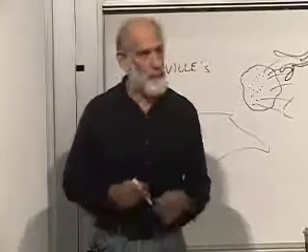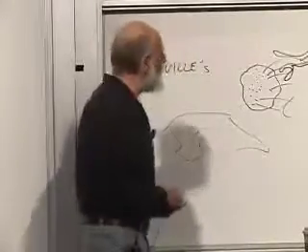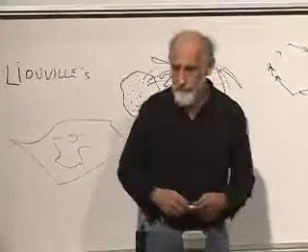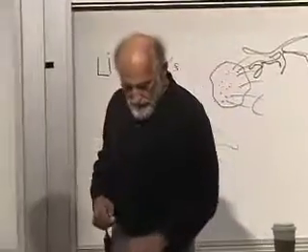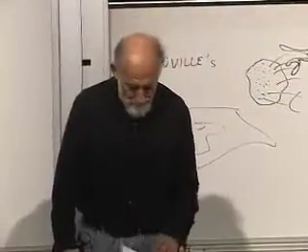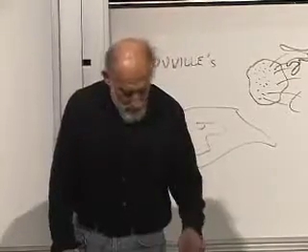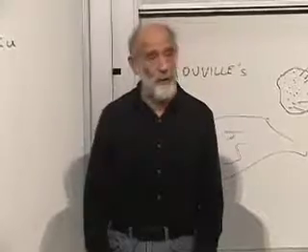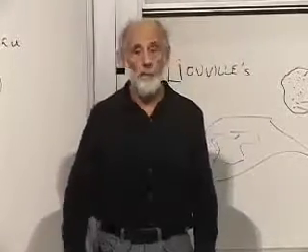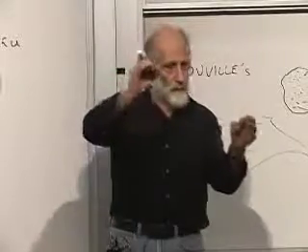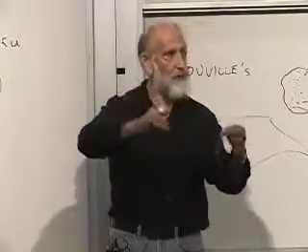So Liouville's theorem provides you with the basic notion of a priori probability, equal statistical weights to every point in the phase space measured by the volume, or every volume of phase space of the same volume has equal probability.